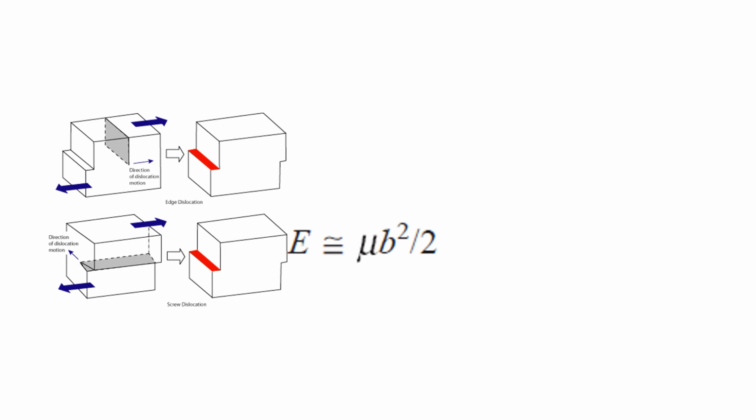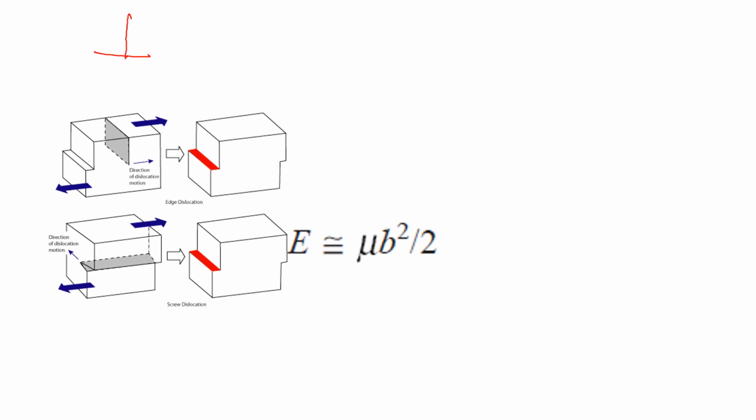We learned that dislocations have distortional energy associated with them because in the case of edge dislocation, the arrangement or the interatomic separation will be distorted so that there will be a compressional strain or an elongational strain.